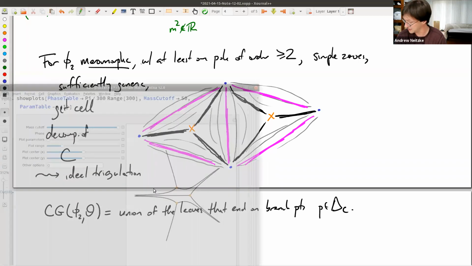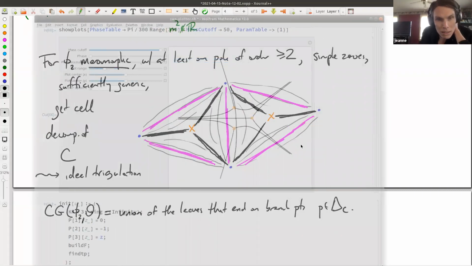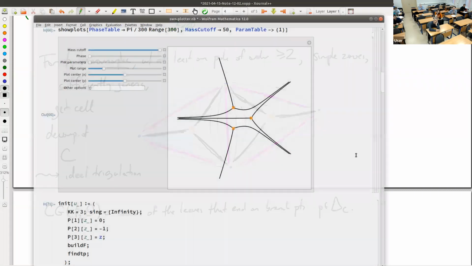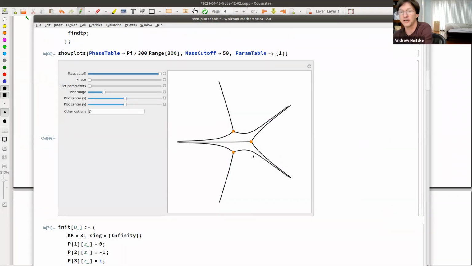Can you see a little Mathematica notebook here? Yes, we can. Okay. So this is a picture corresponding to a quadratic differential, which is a cubic polynomial, literally the polynomial z cubed minus 1. And I just plotted the critical graph of that quadratic differential.